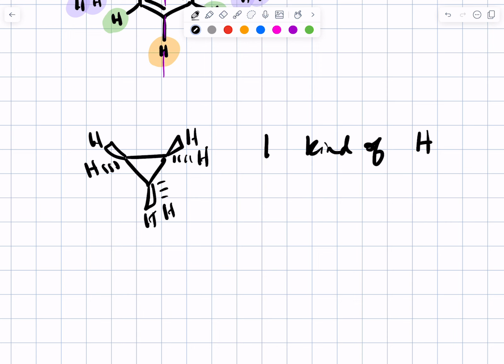There's one in the plane of the page. There's another mirror plane here. There's another one there. Do you see any rotational axes? One right through the middle, perpendicular to the page. Spin around 120 degrees and the protons are interchanged. So yeah, we would say that there's only one kind of proton in this molecule.